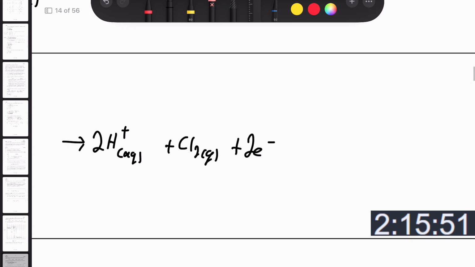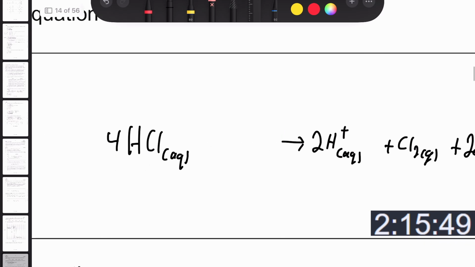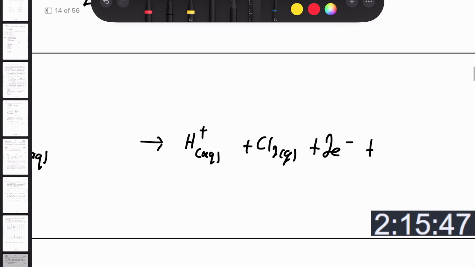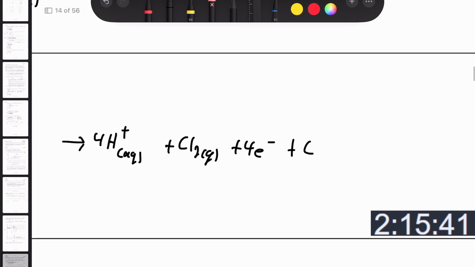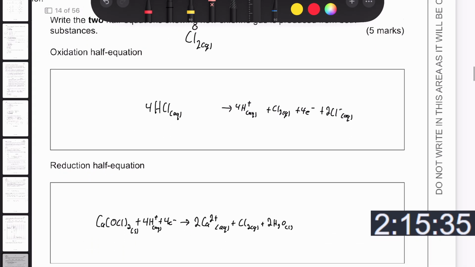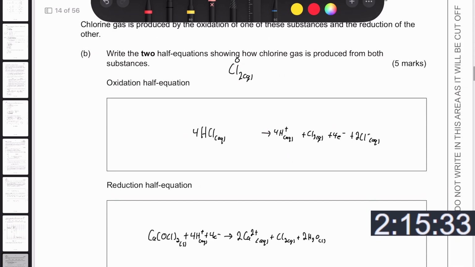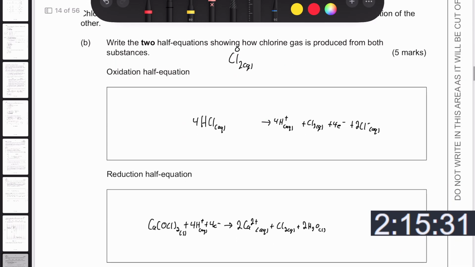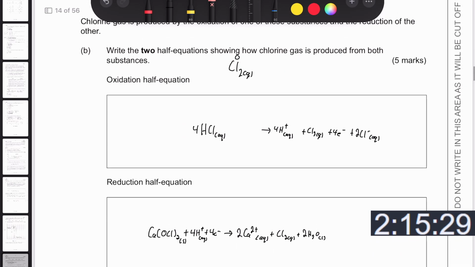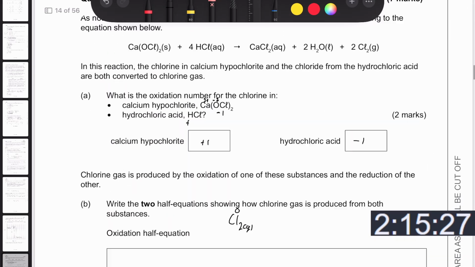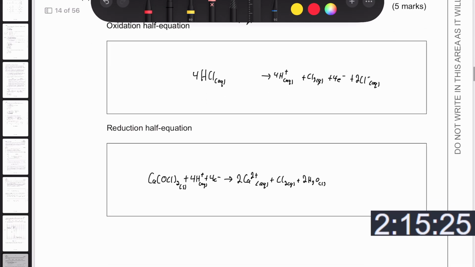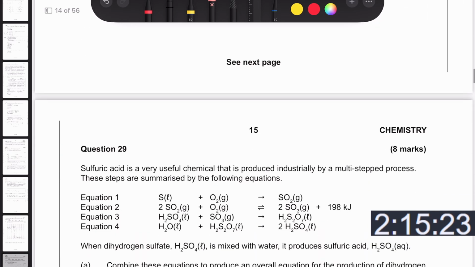If I do that, I can make that 4H plus plus 4e minus plus 2Cl minus aqueous. Does that work out? Is that what they want? It might be what they want. I think it might be. I'm gonna have to stick with it.